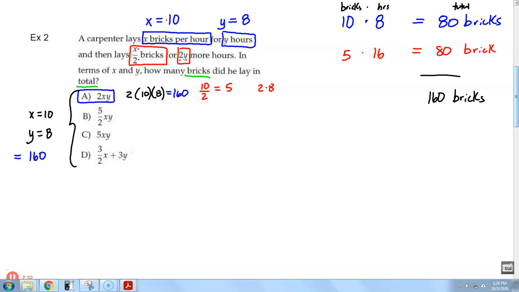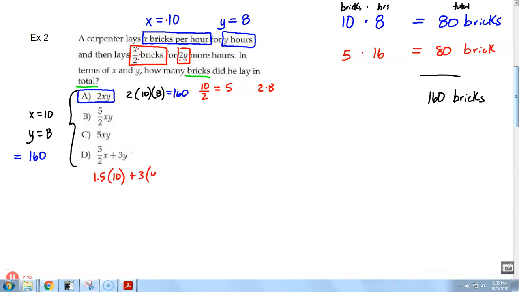If I try all the other ones, like maybe I'll try the bottom one. Had a couple kids tell me that they thought the bottom one looked good just because they saw this fraction here, so they thought the answer probably had a fraction in it. A lot of kids that are going to guess would probably guess B or D. So I'm going to try D. If I did 3 divided by 2, well, that's 1.5. X is 10 that I chose.